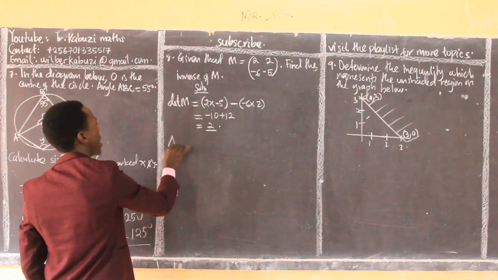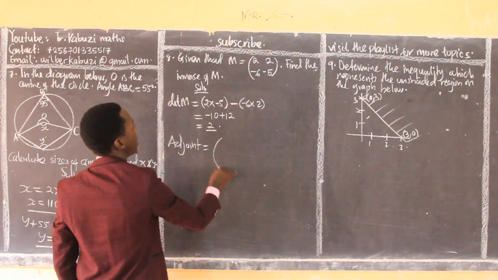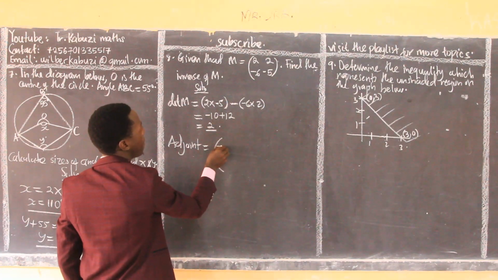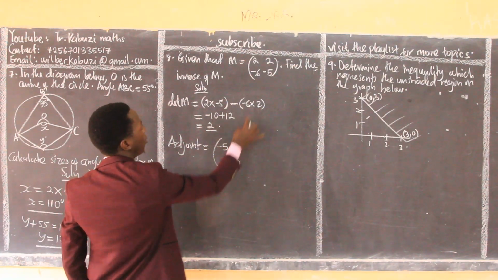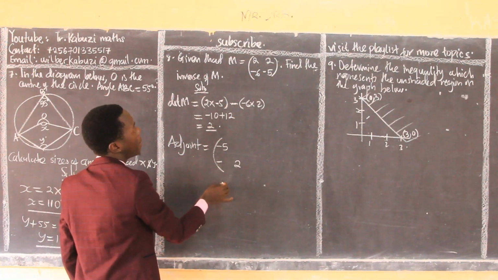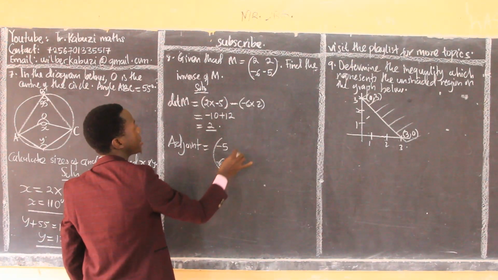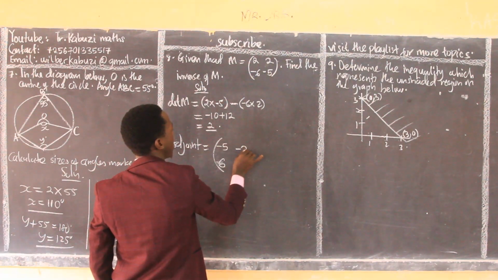Then we come for our adjoint, which will be, we interchange elements in the major diagonal, then we change the signs, or we multiply them by negative 1. So multiply by negative 1, you get 6. By negative 1, you get negative 2.